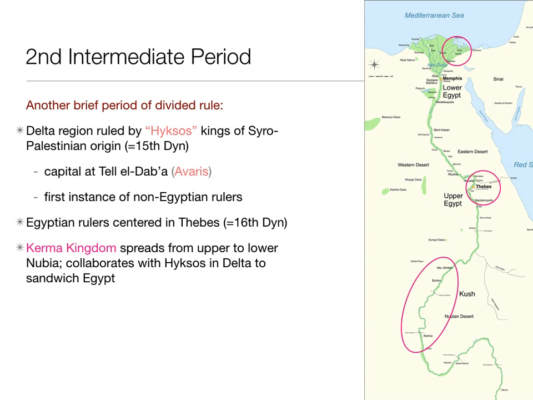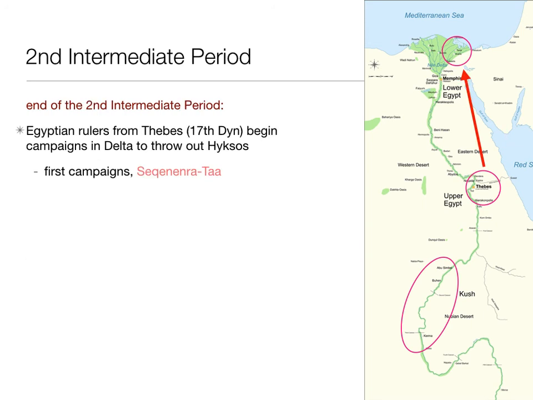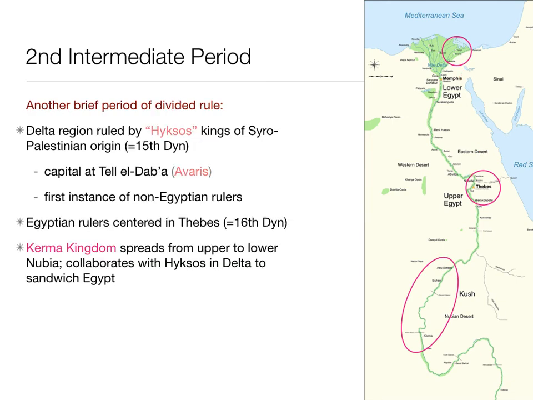And one of the Egyptian leaders in Thebes intercepts their communiques and their spies, and thwarts their plans.